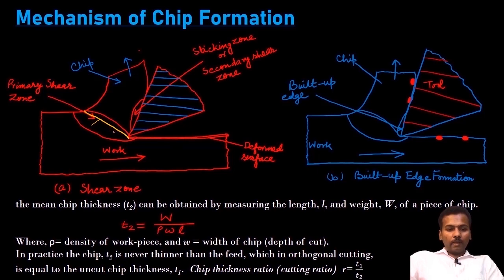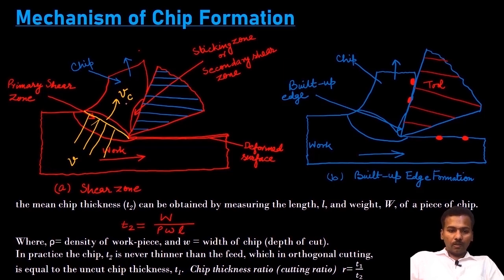Now what happens if this is not fan shaped, but linear, like this one? Before this line, the workpiece velocity is v, and after crossing this line it converts into the chip velocity, Vc.